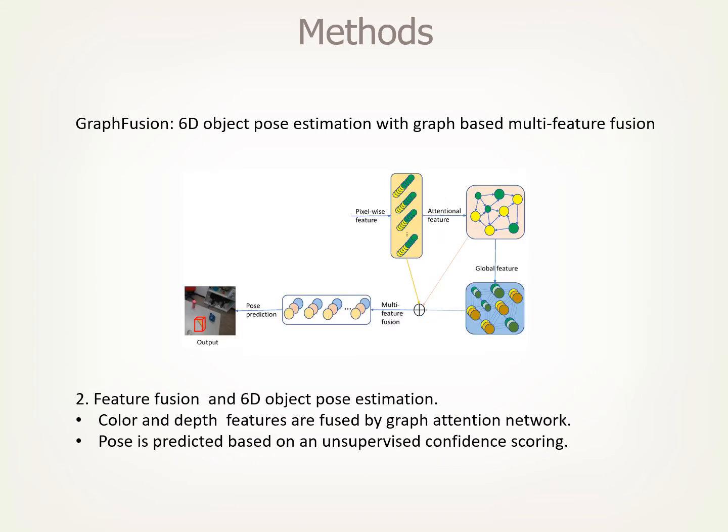In the second stage, the extracted features are fused by a graph attention network, which is introduced to exploit the fusion strategy between color and geometry features. The object pose and its corresponding confidence scores are predicted by the fused features, and the final pose is chosen based on the confidences.